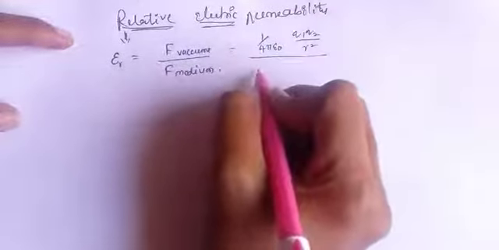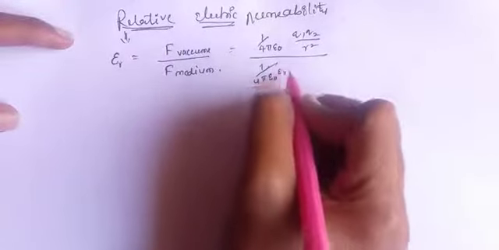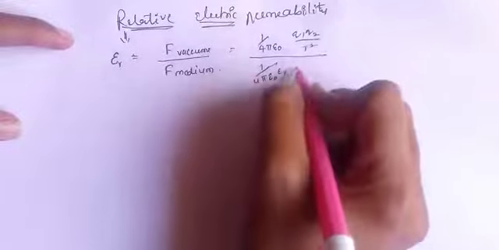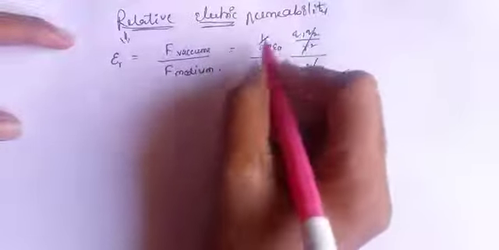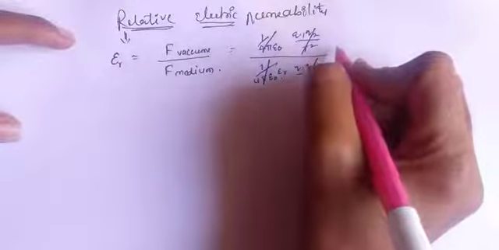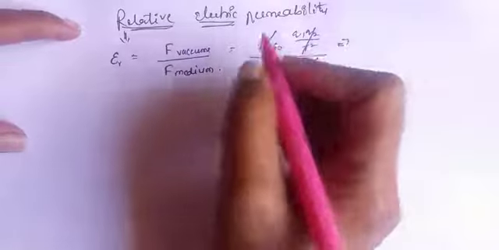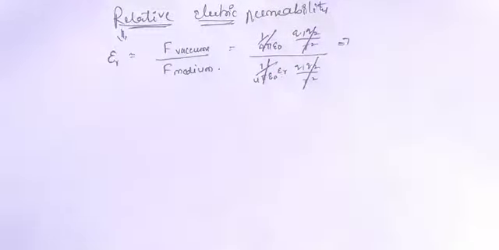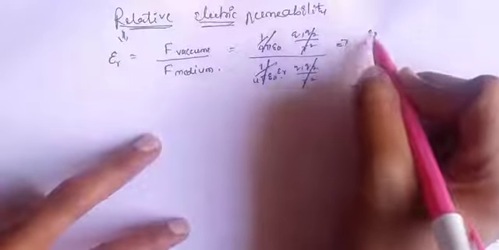The force in the medium is 1 by 4 pi epsilon naught epsilon R, Q1 Q2 by R square. Q1 Q2 by R square cancels, 1 by 4 pi epsilon naught cancels, and here we are getting epsilon naught by epsilon.